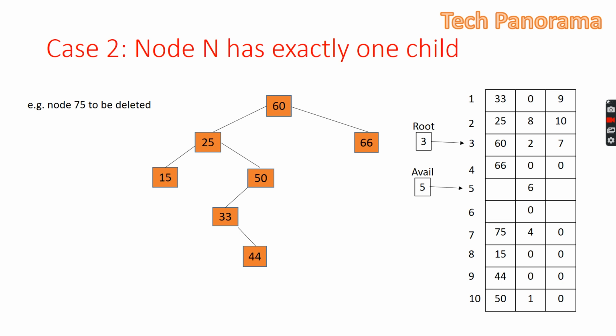So here there will be changes in the linked list representation. First we will delete the 75, then there will be changes in the right of 60. Earlier the 60 was pointing to 75 at the 7th position. Now it is pointing to 66, which is at the 4th position, right?